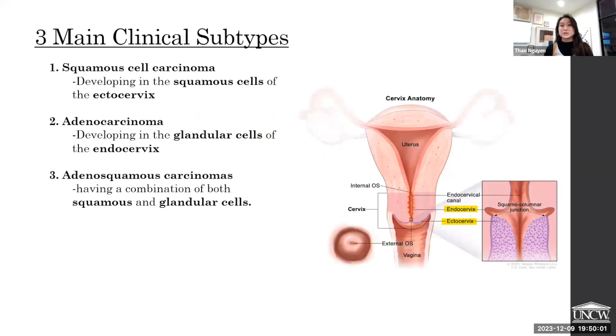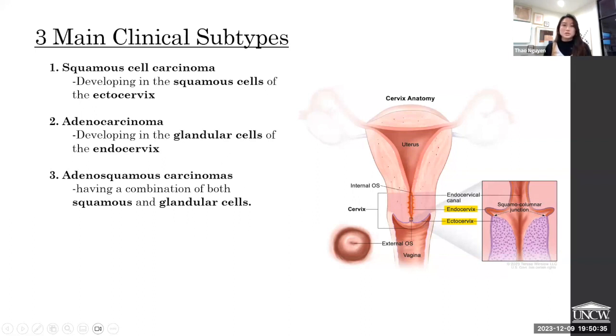Now, cancers are defined by the cells they arose from, and there are three main clinical subtypes of cervical cancers. The first being squamous cell carcinomas, developing in the squamous cells of the ectocervix, which is the outer portion of the cervix, here highlighted on the bottom. The second are adenocarcinomas, which develop in the glandular cells of the endocervix, which is this inner portion of the cervix highlighted here on the top.